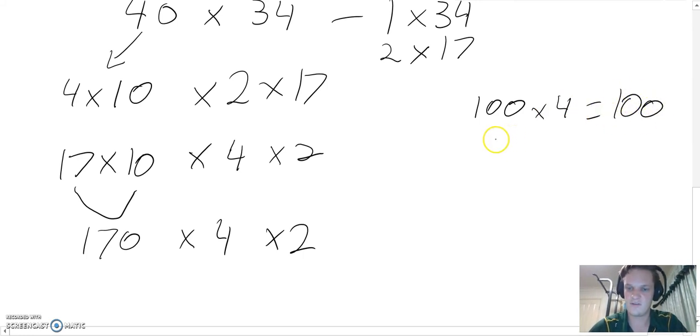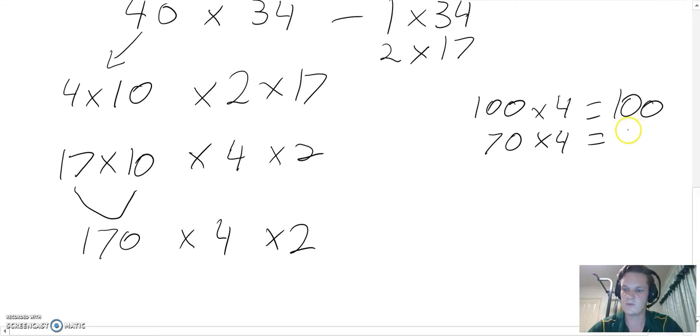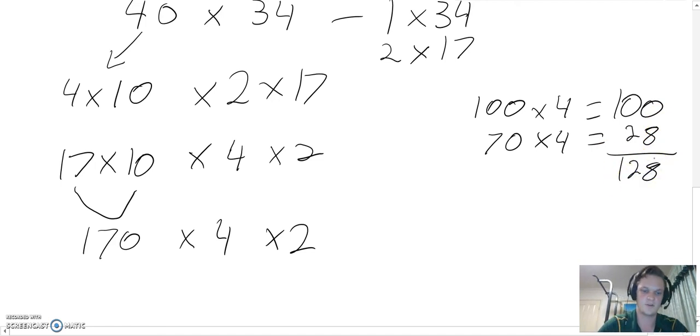Then we can do 70 times 4, and we know that 5 times 4 is 20, 6 times 4 is 24, so 7 times 4 must be 28. So we know that 170 times 4 is going to equal 680.